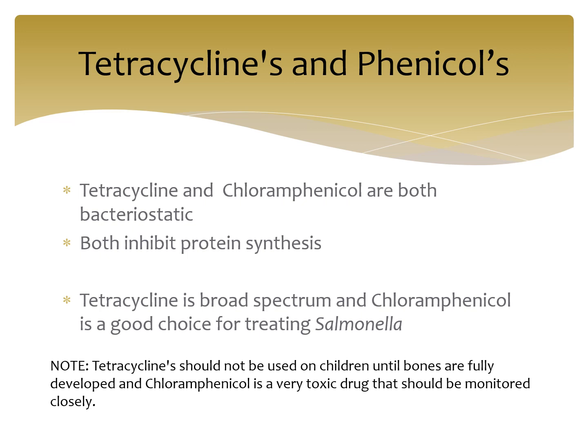This brings us to the tetracyclines and the phenicols. Okay, tetracycline and chloramphenicol are both bacteriostatic and they both inhibit protein synthesis. Tetracycline is a really good broad-spectrum drug. However, you don't want to use it in kids under the age of 18 because their bones are still developing and it can actually turn their teeth brown.